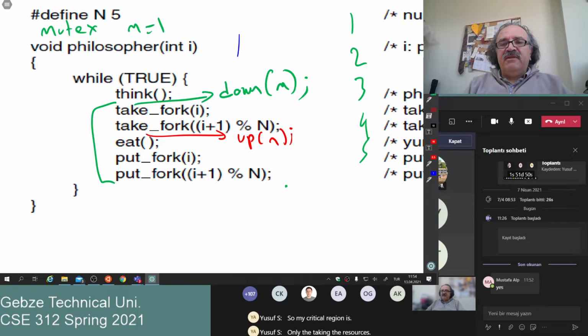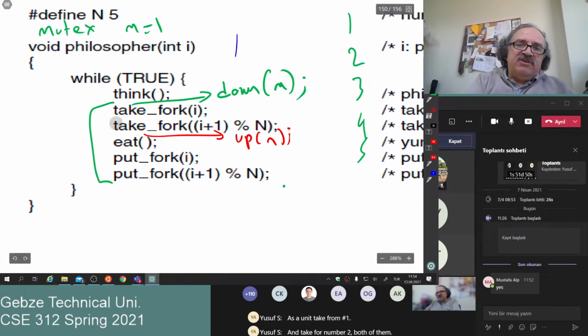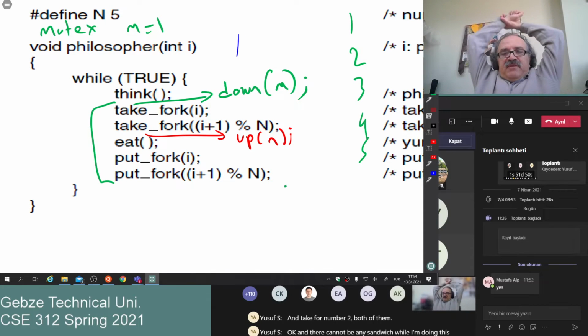What is the problem with this solution? I am taking these two forks as a unit: take fork number 1 and take fork number 2, both of them, and there cannot be any switch while I am doing this. What is the problem with the solution?